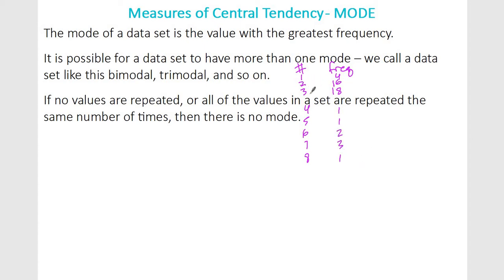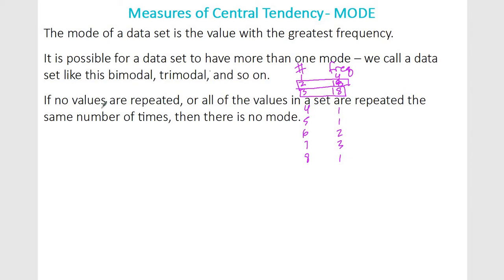Okay? Just because 2 and 3 happen a whole lot does not make them both modes. This is the only mode. Unless this number 2 happened 18 times as well, then that would be bimodal. So don't get confused there. Just because they both happened a lot doesn't necessarily mean they're both modes. They both have to be equal for them to both be modes.